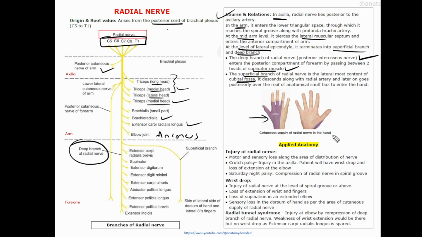Then in applied anatomy, we learned about crutch palsy, Saturday night palsy, and wrist drop is a very important topic that you need to learn. Many times a short note specifically on wrist drop is asked, where you are supposed to explain this concept. And in radial tunnel syndrome, wrist drop doesn't happen because the extensor carpi radialis longus muscle is spared.